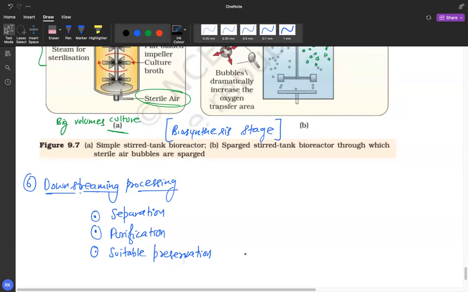It's not like you can just purify and use it directly. So to preserve, we need a formulation, right? For suitable preservation, you need to make a formulation. By formulation, I mean, how are you going to keep it?